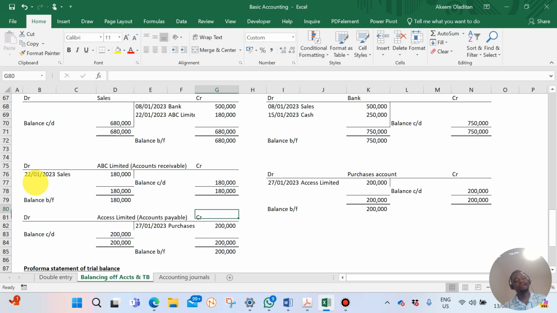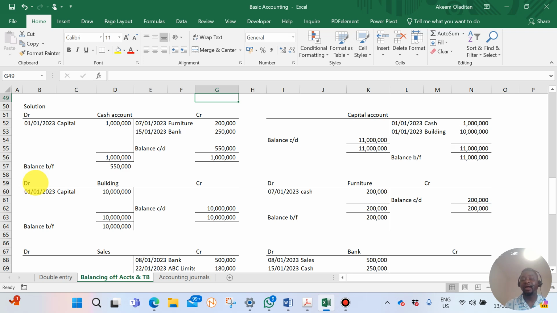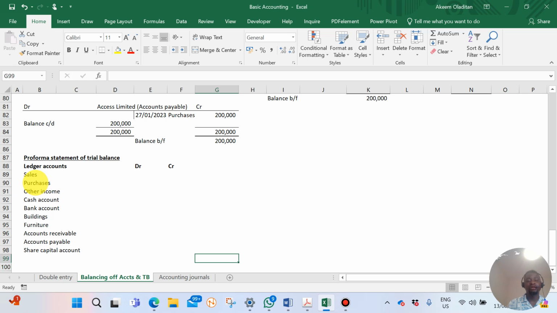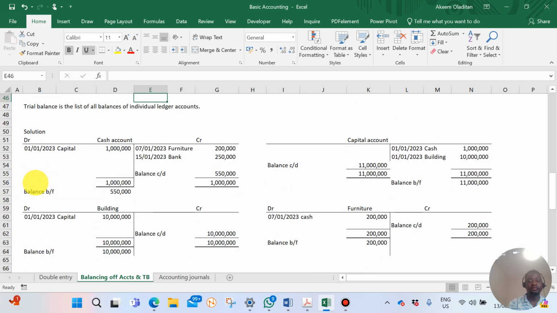So now that we have balanced all accounts, we ensure that we balance all the accounts in those ledger accounts. So we now start putting those balances carried down. If you look at the balance carried down here, it is on this credit side, and balance brought forward is on this debit side.